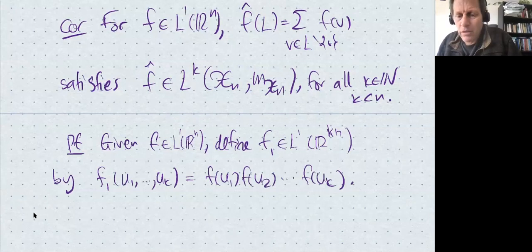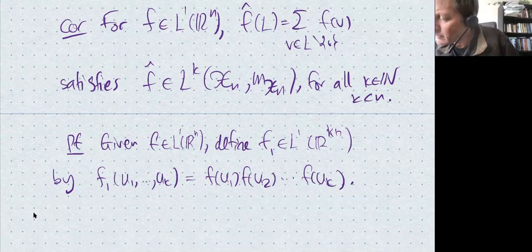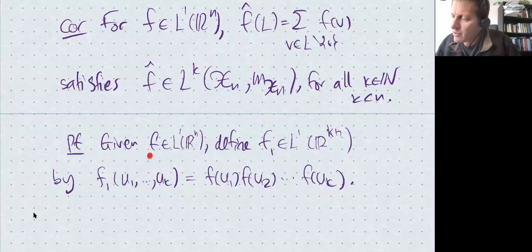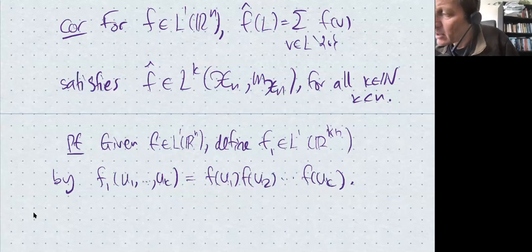Now, the fact that f is integrable with respect to Lebesgue measure on R^n means that by repeated integration, f1 is also integrable on R^(kn). So f1 is certainly integrable in R^(kn).